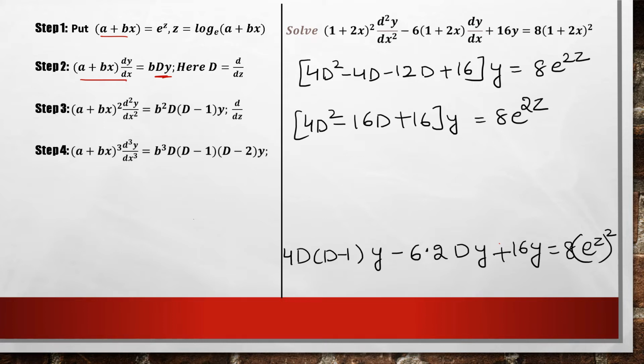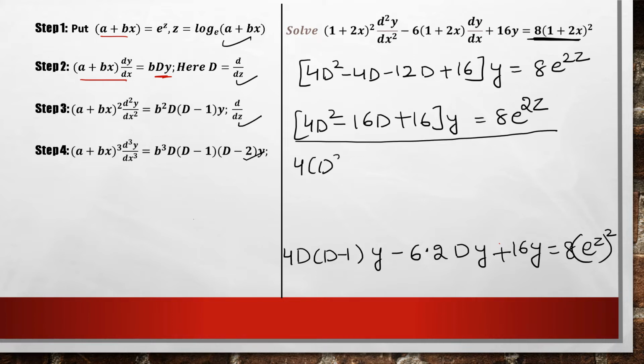Please keep in mind that after making these substitutions, your independent variable will change and your complete equation will be in the form of y and z only. x will not be there, because x has been substituted in the form of z. Now this is a higher order linear differential equation with constant coefficients. Can I take 4 common?